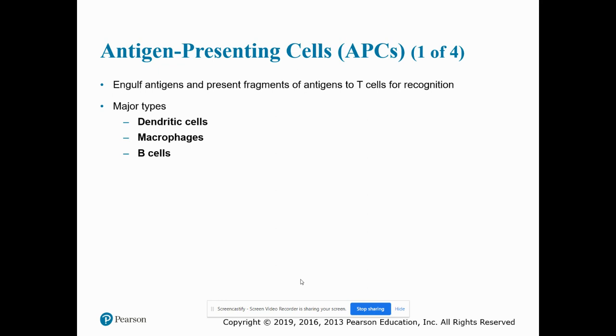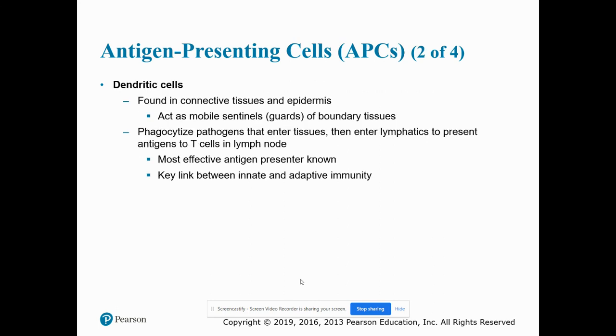The major types are dendritic cells. They're going to be the most important, macrophages, and B cells. Dendritic cells are found in connective tissues and in the epidermis. And what they do is they are just like the guards of boundary tissues. They phagocytize pathogens, they eat pathogens that enter the tissues.